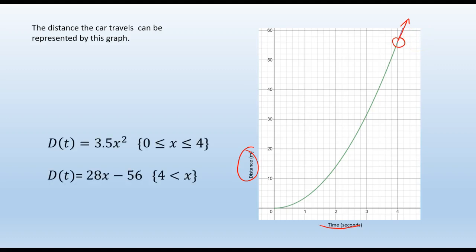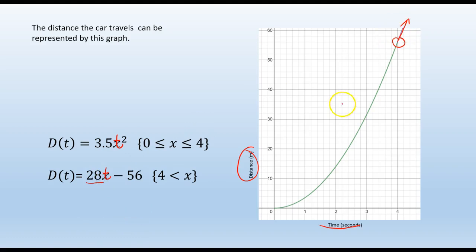So the graph I have here, the distance according to time, and I don't know why I've got an X there, we'll change that to a T, is 3.5 times the time squared. So we can see that we've got a quadratic curve happening here for the first 4 seconds, and then after that it's increasing at a steady rate of 28 meters for each second travelled.